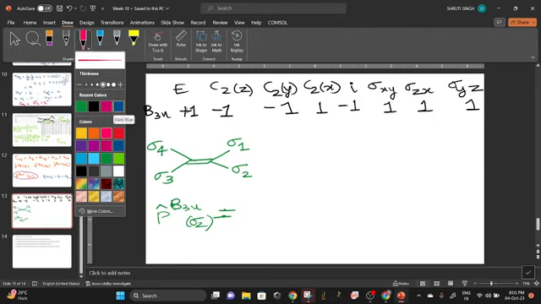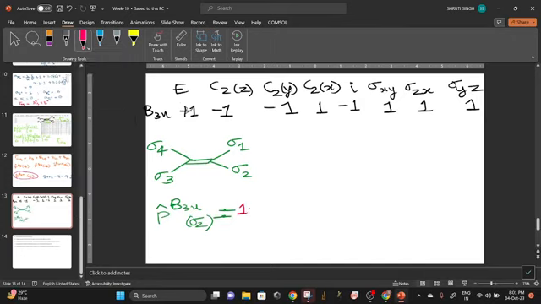If we apply identity, it will remain sigma 2, and the character for identity is plus 1, so plus 1 times sigma 2. Next, C2Z, with Z coming out of the screen.